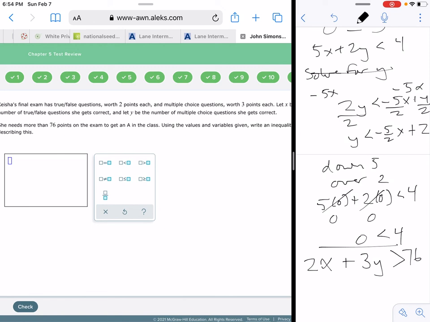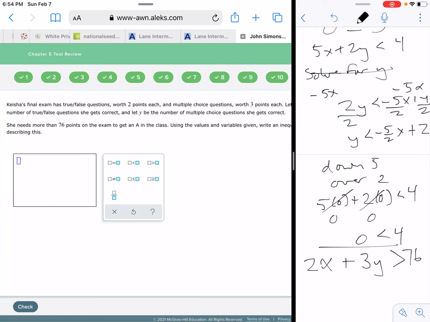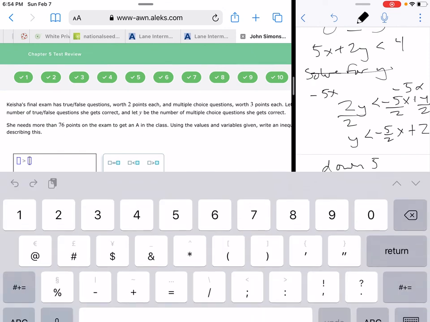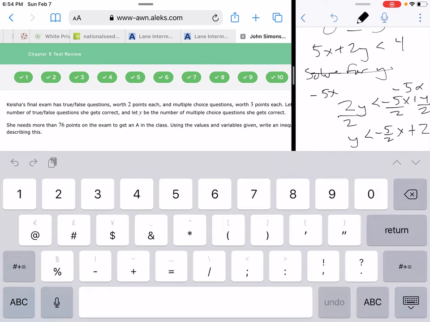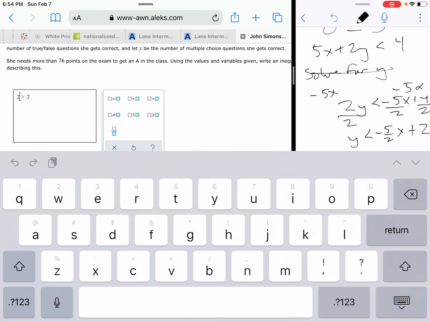And then it's just a matter of using the values and variables given, writing an inequality describing this, and we just did. So let's do it. Let's see, it's greater than, so we'll use this one. And so we're going to go 2, and then where's the plus on here? You know what?